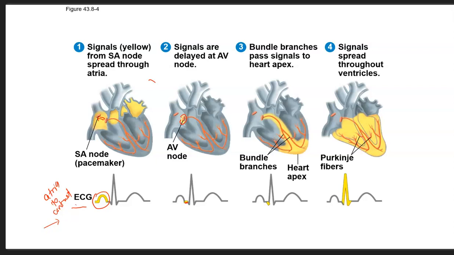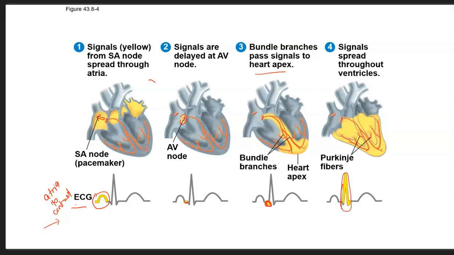After that, this region of the ECG indicates the bundle branches pass the signal to the apex of the heart. From the AV node to the bundle of His, to the bundle branches, and then to the apex of the heart, and only then does it produce the QRS complex.